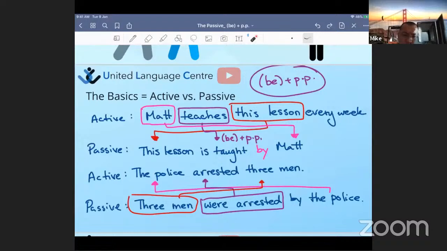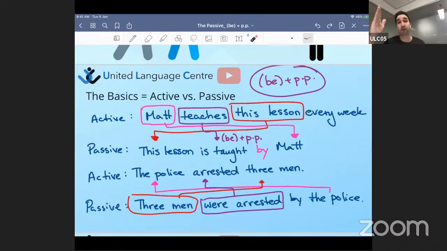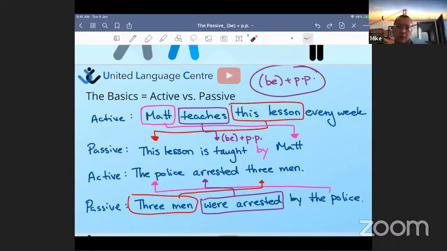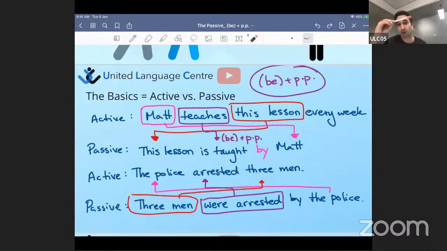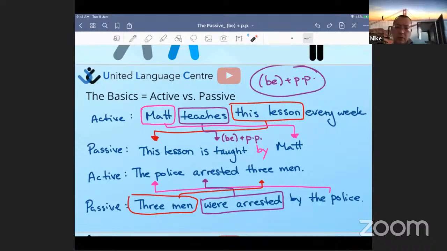So every sentence can use active to transfer to passive. Every sentence. Mike, I don't know how long you've been learning English, but we never say every because there's always some exception. If I say this is a pen, I can't change that to passive.